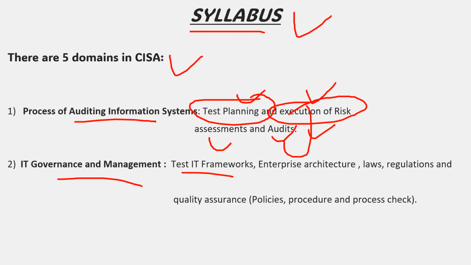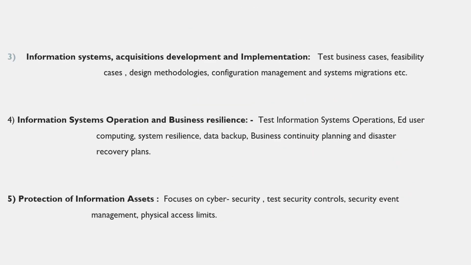Test IT frameworks, enterprise architectures, laws, regulations, quality assurance. It includes the policies, procedures, and process check. IT governance and management systems tell us how we can manage the policies, how we can manage the procedures, and how we can manage the process check.